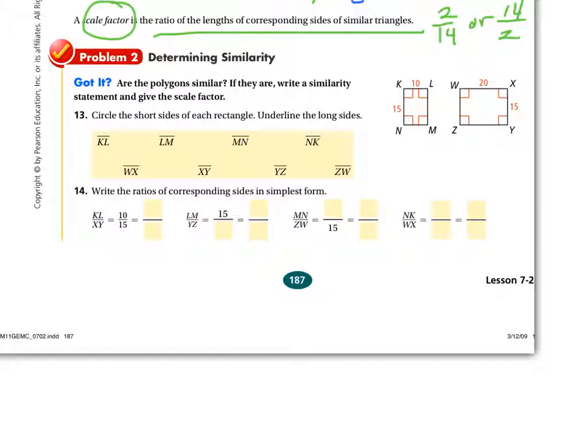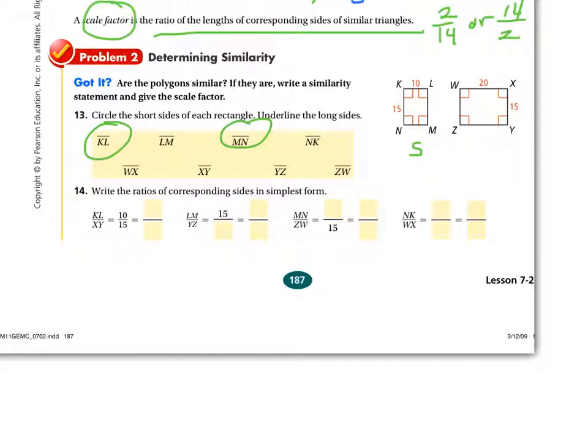And so question 13 says, circle the short sides of each rectangle. So for the small rectangle, what are the short sides? KL, right, the 10, KL, and the opposite one, MN, correct?